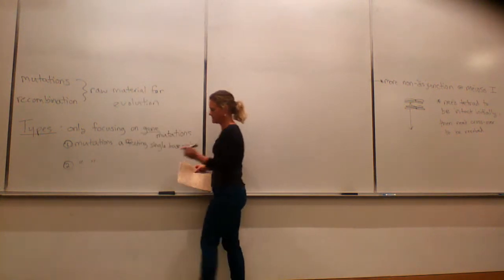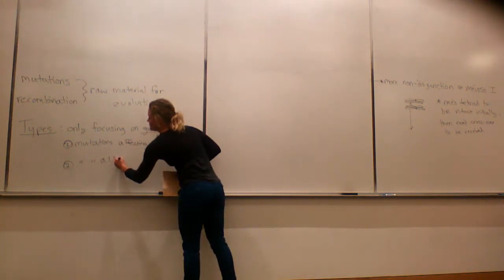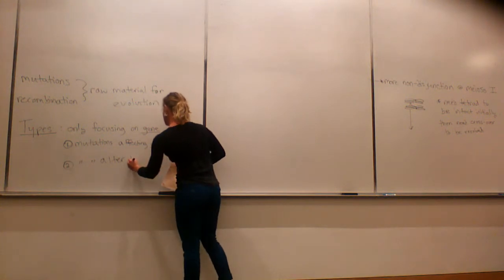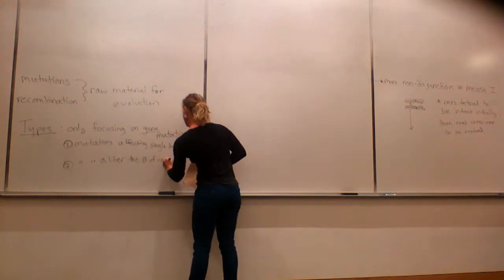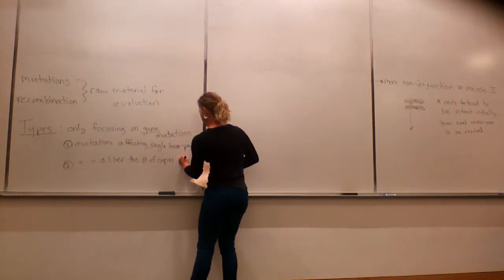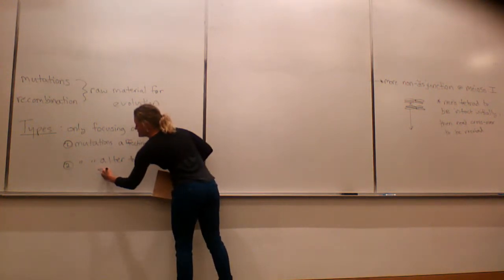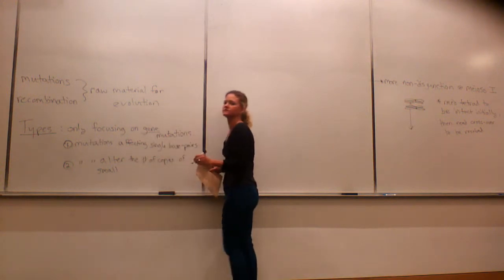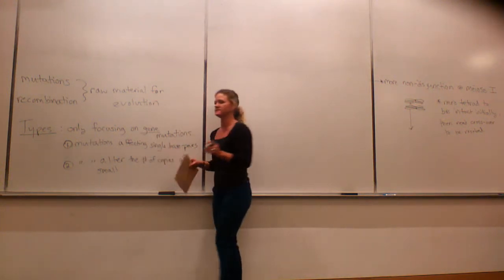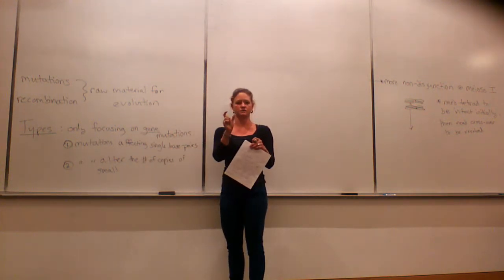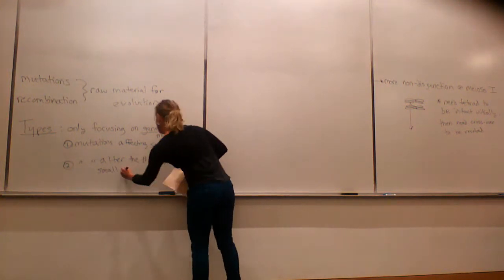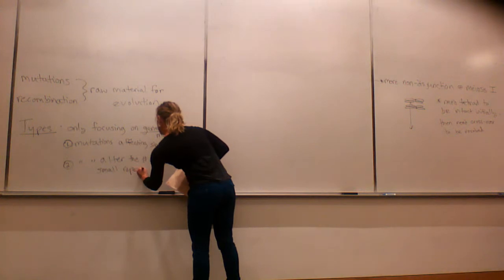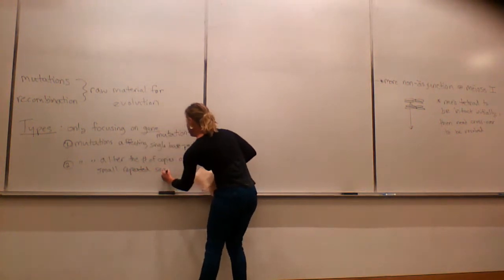So this is a type of mutation: mutations that alter the repeated sequences. And they're small repeated sequences, not big, long stretches of repeats. Small in the sense that the repeat itself is 2 to 3 base pairs repeated over and over. Okay.